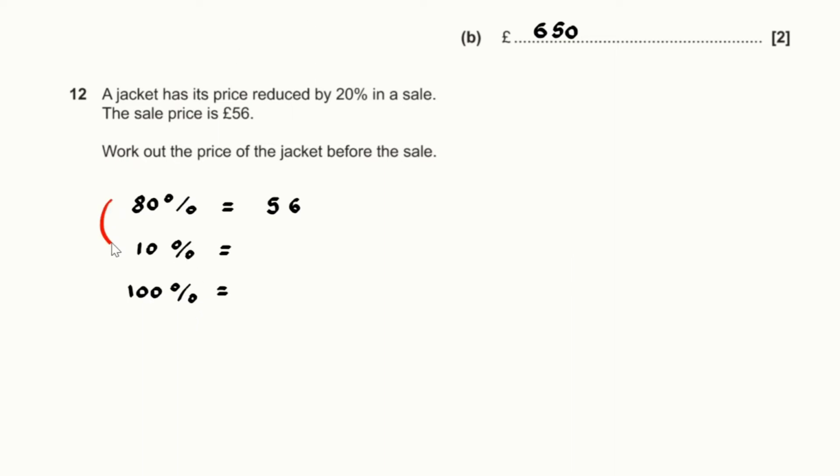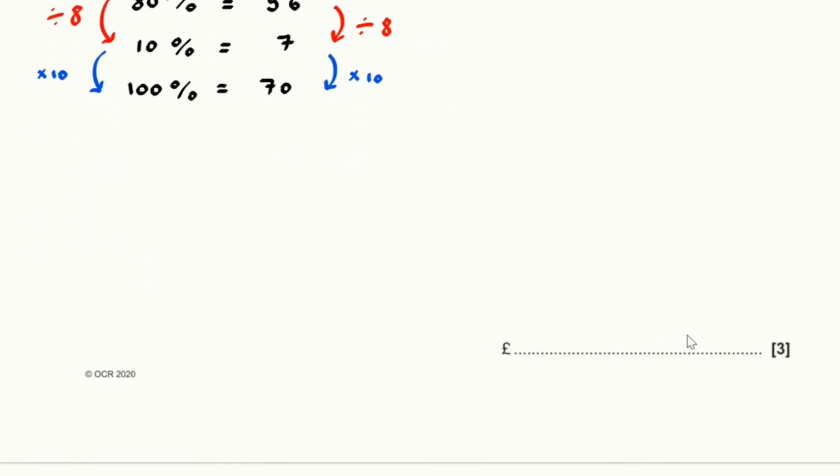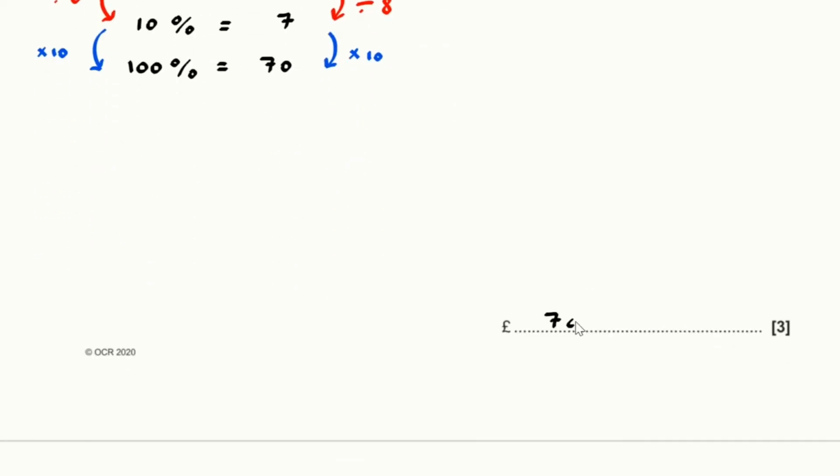We divide by 8. So if I do 56 divided by 8, that's 7. And then to work out what 100% is, I need to multiply 10% by 10. So we have 70. So the original price is £70.